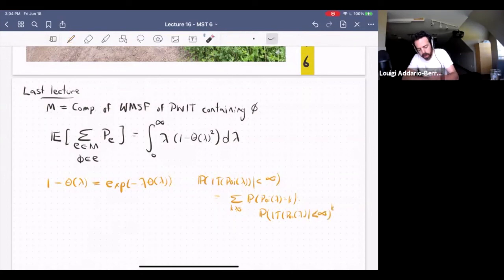Okay, and so if you remember, this is 1 minus theta lambda, and use the definition of the Poisson distribution, then you derive this identity.